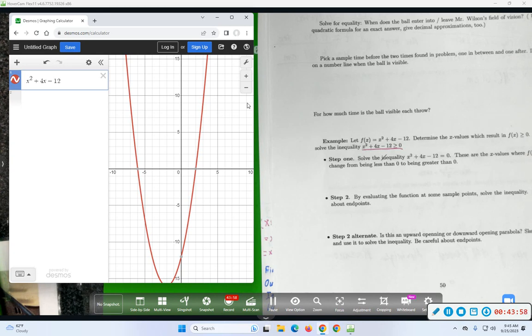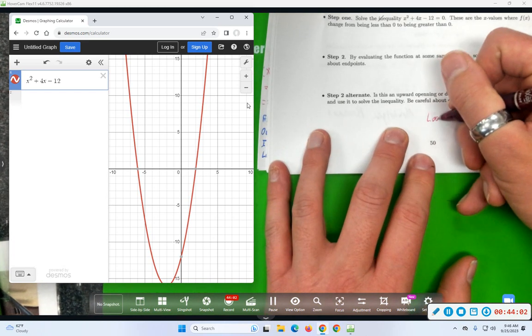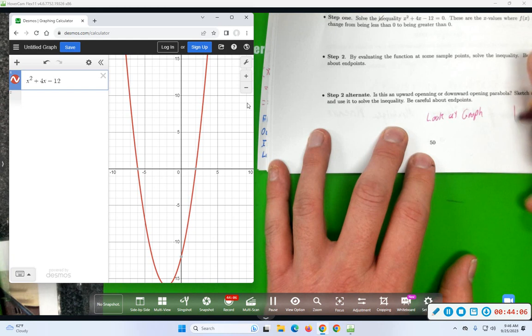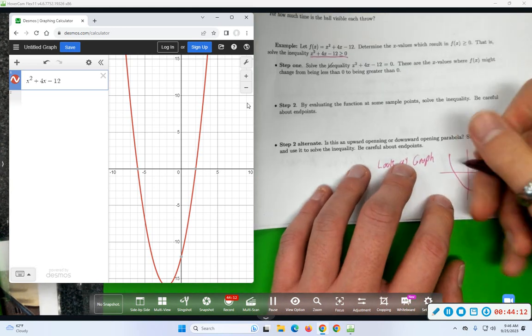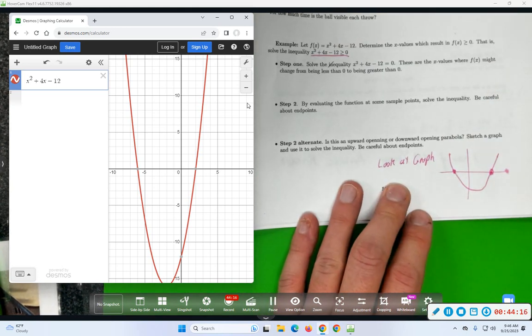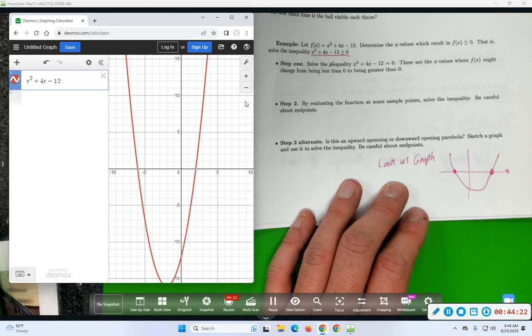So by looking at a graph, we see a graph that looks something like that. From the graph, could we just eyeball the places where it crosses the axis? Yeah. Could we also find them doing some amount of algebra? Yeah, we've got a quadratic formula that does that job.